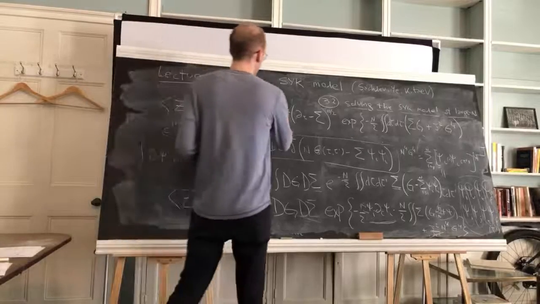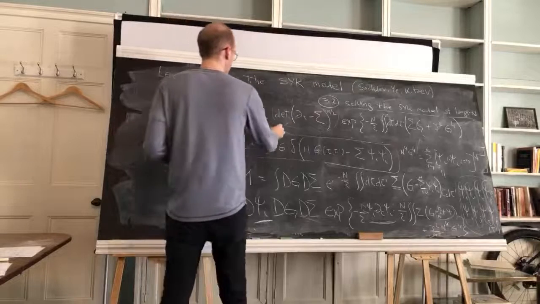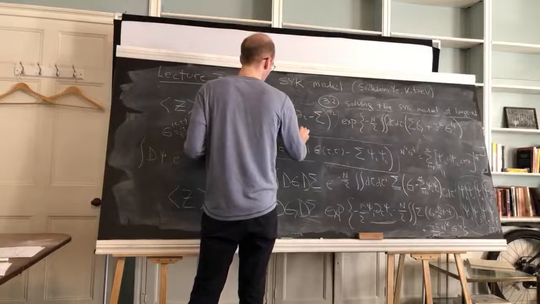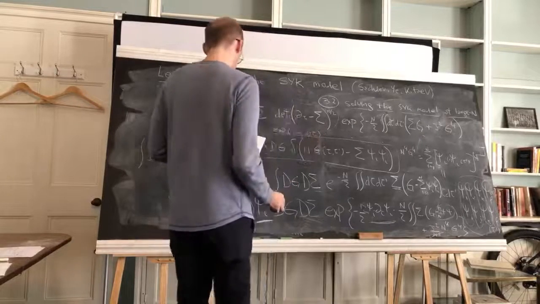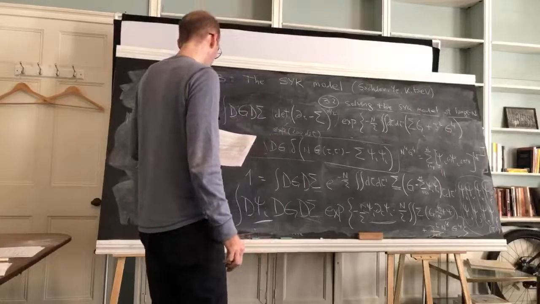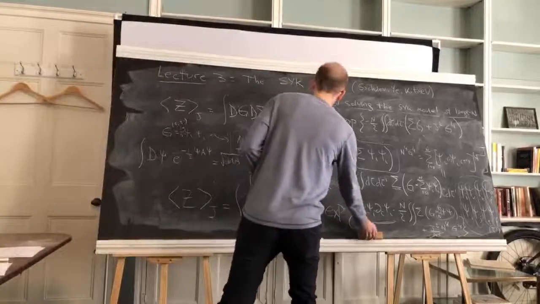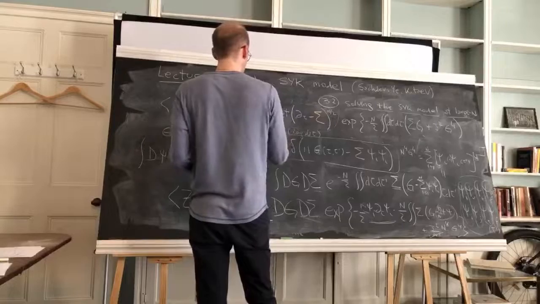And now I can take this term into the exponential by doing the exponential of the log of the determinant. And when I take the log, I can take this n over 2 down here.